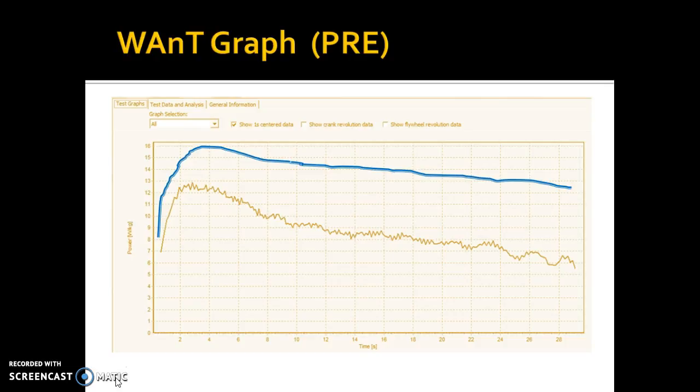So the person has generated much more power, and over the 30 seconds that the test runs for, it has decreased at a much slower rate, and it's decreased much less over the 30 seconds.